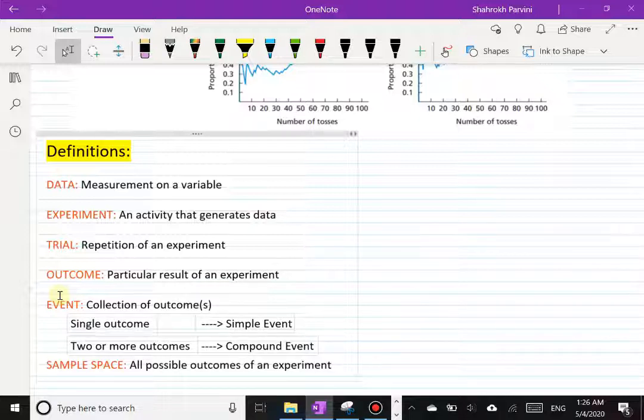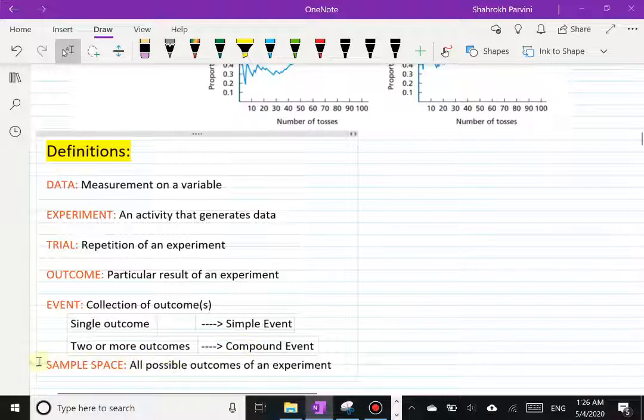Somebody else may say, well, I want my event to be observing a number less than 4. So usually the experimenter defines these events and then finds the probability of events. If there is a single outcome in the event, we call that a simple event. If there are 2 or more outcomes, we call these compound events.